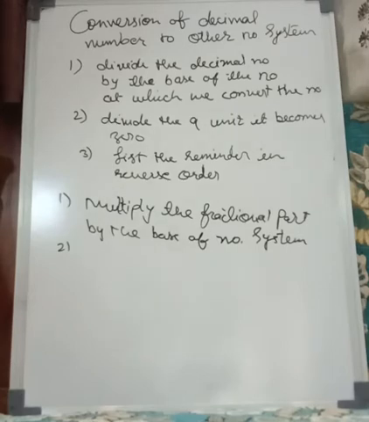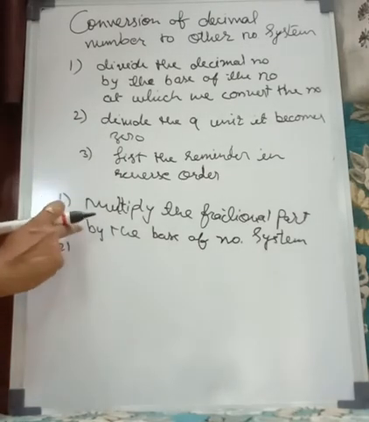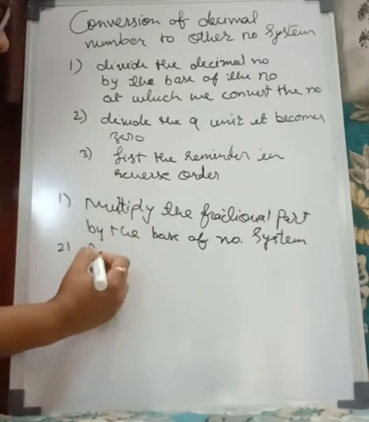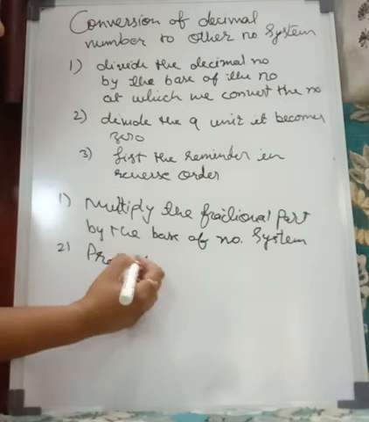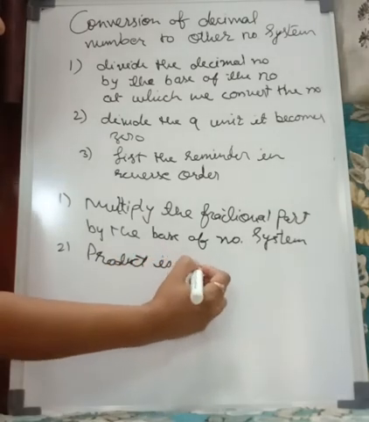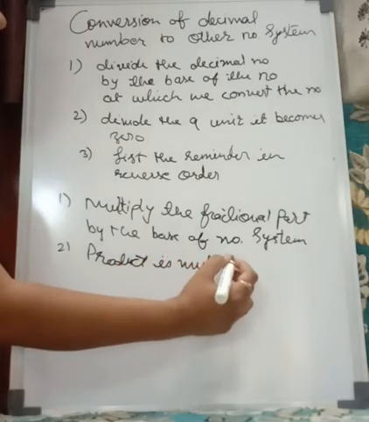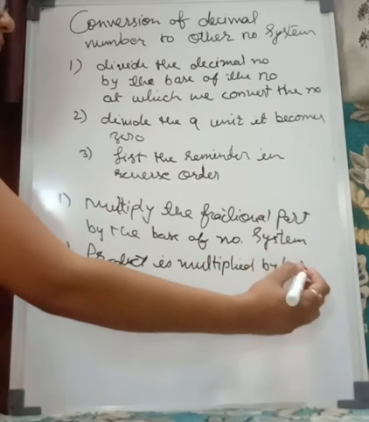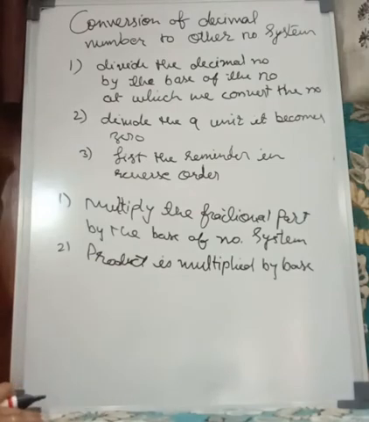In every step we need to multiply the product. Whatever product we get in this step, we again multiply by the base, and jot down the carry.